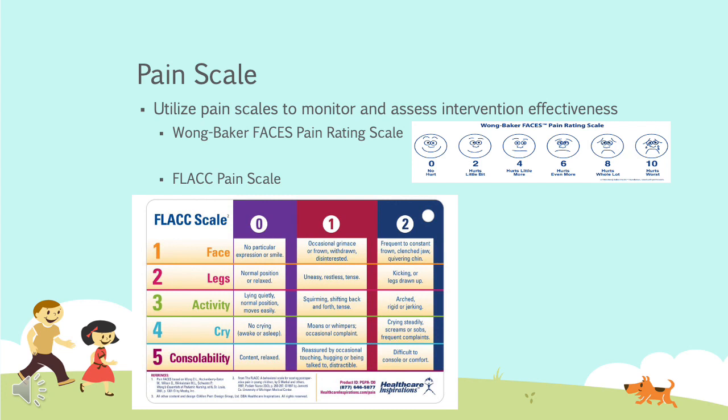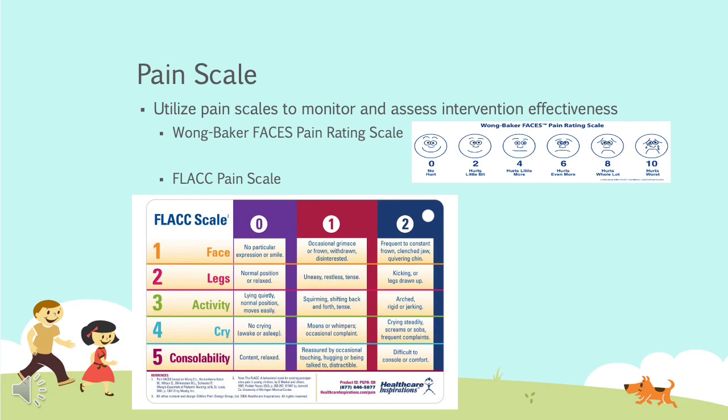You can see it goes 1 through 5 and 0 to 2, and this allows the nurse or the caretaker to look at the different areas on the left, so either the face, legs, activity, cry, or consolability, and then score them on the right-hand side. Either their face, there's no particular expression or smile, is 0.